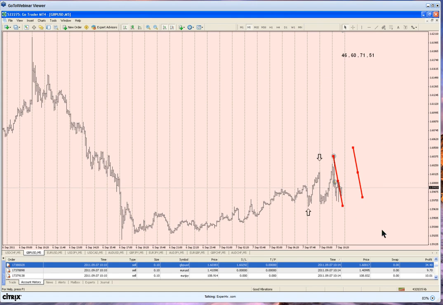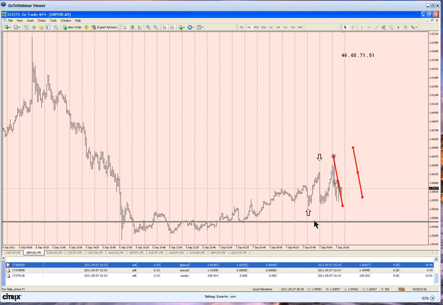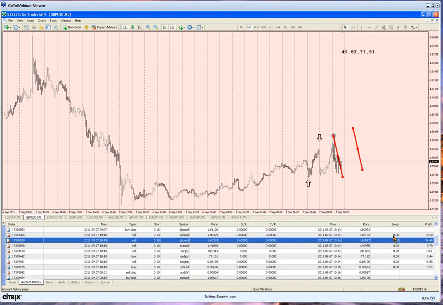So what we can do now is just reconstruct the deals very quickly that way. Okay, so there's the pound deal, and as you can see, I don't know if it would have made it to the target, but we exited on a group basis. Right, so let's see.